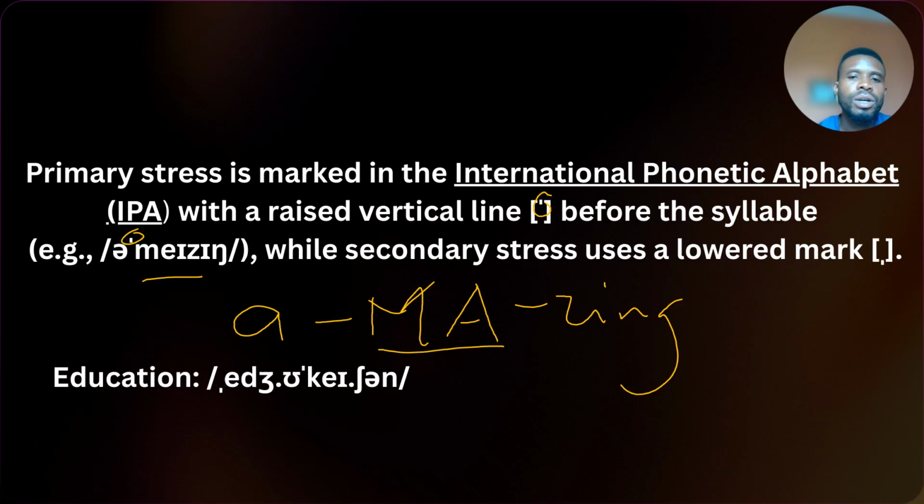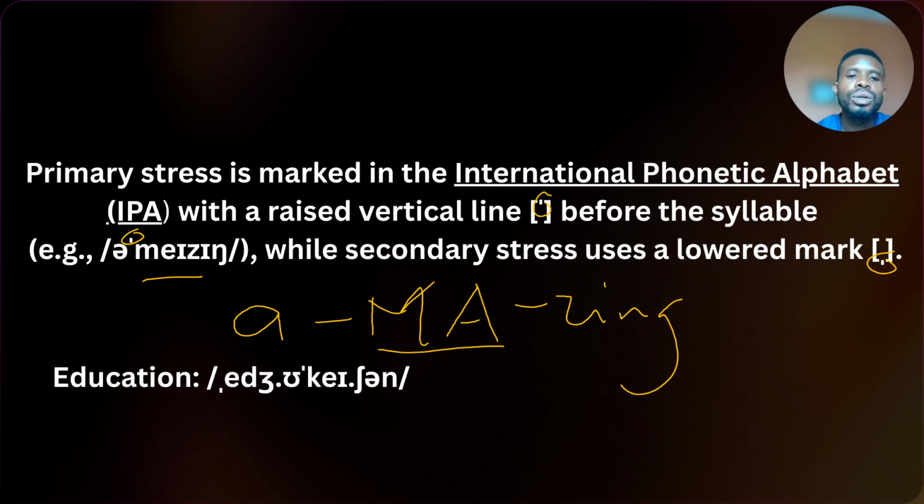And then we have what we call the secondary stress. This one uses a lowered mark, this mark here. Yes, it is placed before the syllable that has the secondary stress. Now, secondary stress is produced louder than other syllables, but not as loud as the one with the primary stress. For example, we have education. So we have ed.